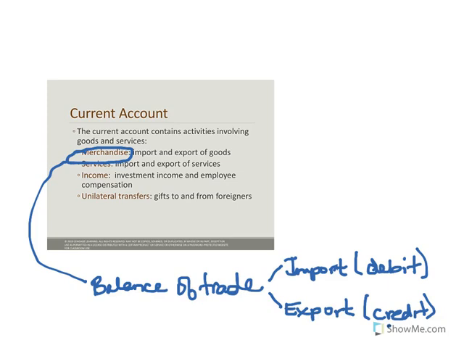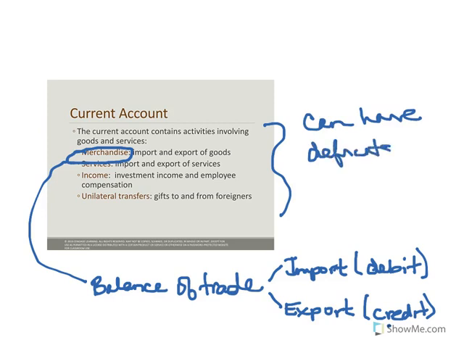And so, of course, you would do the exports minus imports to see what your net balance in your merchandise account is. If you have a negative number, that means your country's running a deficit. If you come up with a positive number, that means you have a surplus. So each one of these individual accounts can have deficits and surpluses.